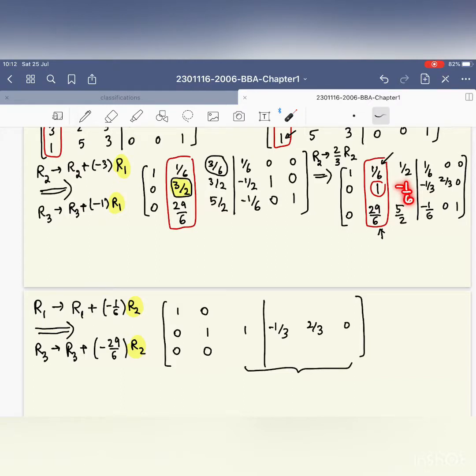Multiply. Okay. So here, it is 3 over 6, is it? And you add it together, so you have 2 over 6. Is that correct? See, 2 over 6.